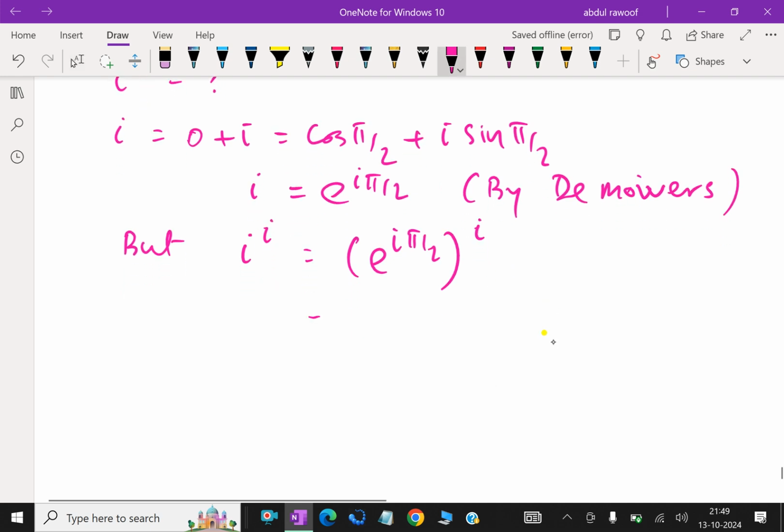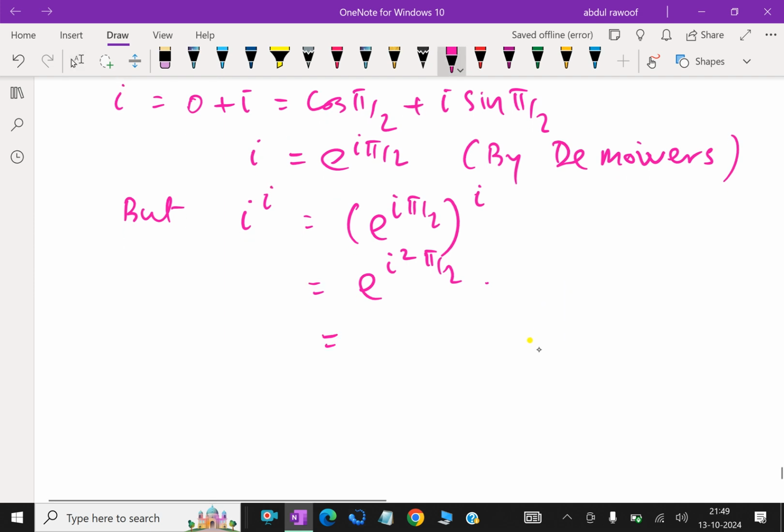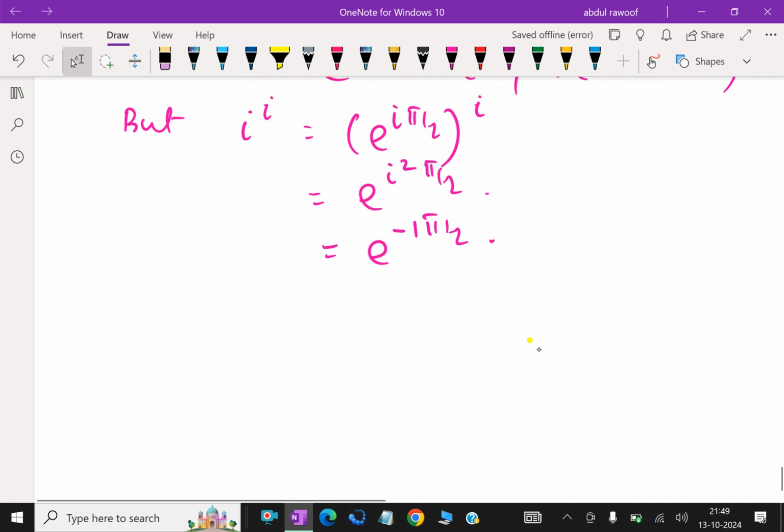This is equal to e power i into i square pi by 2. But i square is minus 1, so we can write this as e power minus 1 pi by 2. Therefore, i power i is e power minus pi by 2.